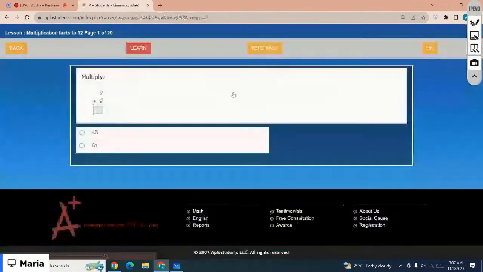Okay, 9 times 9, which is the correct option? 9 times 9 equals 81. You can add 9, 9 times, right? But adding 9 times is a bit long process.